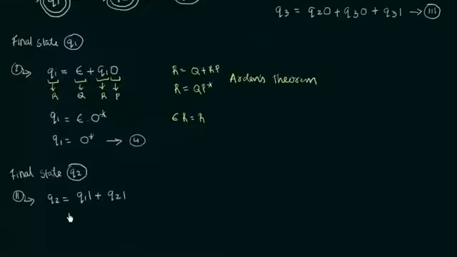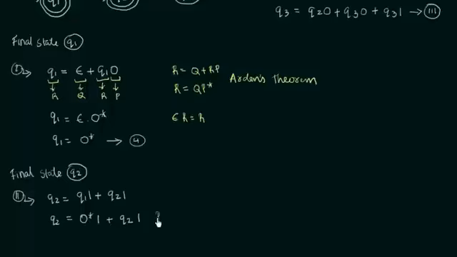We already found the value of Q1 to be 0 star, so I will substitute this value of Q1 in this equation. So Q2 equals 0 star 1 plus Q2 1.